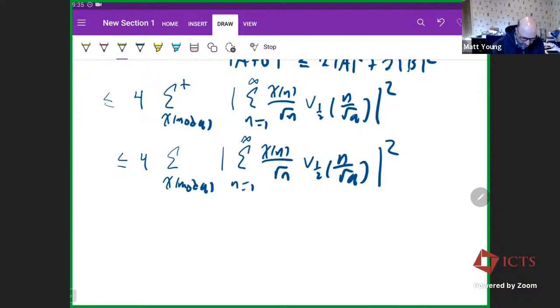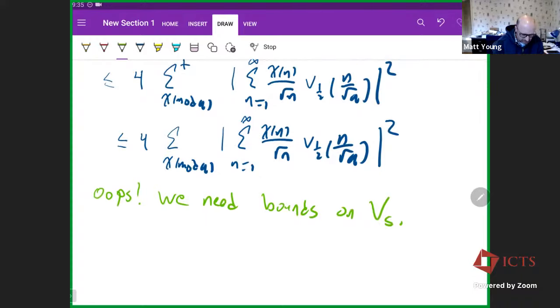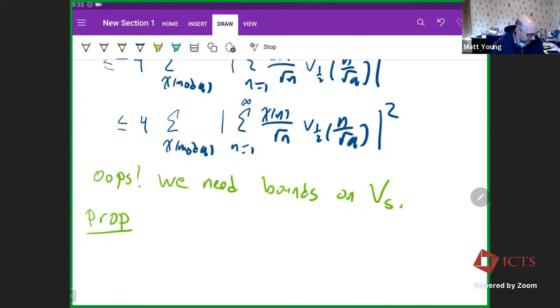Maybe I'll put this in a different color. We need bounds on v. So let's fill in that gap now.